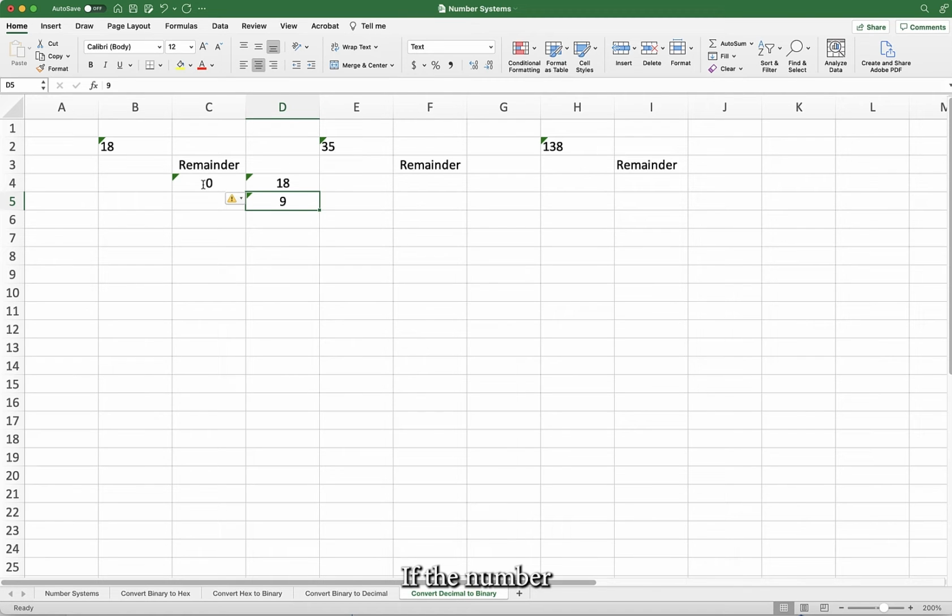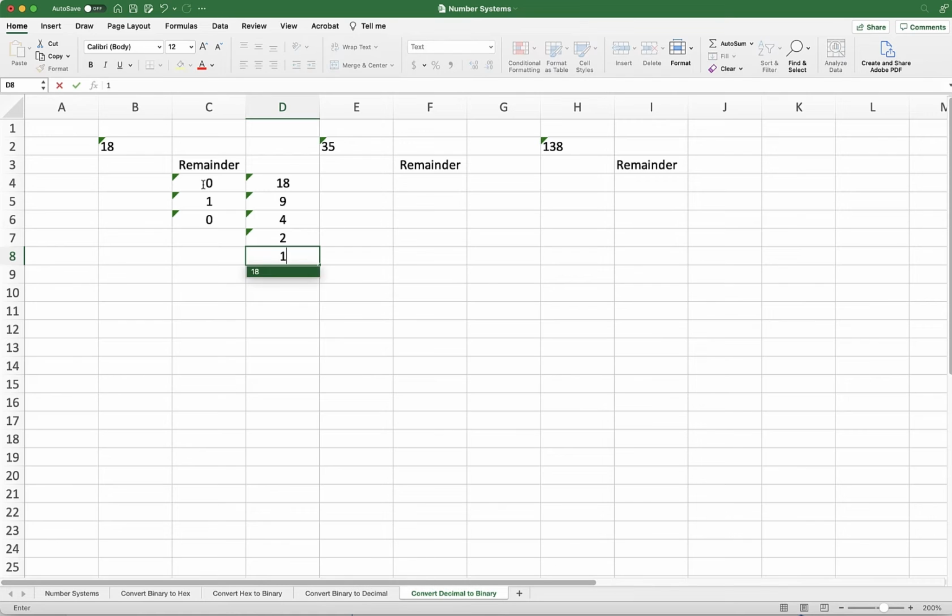If the number that we're currently looking at, which is 9, is not 0, we're going to do the process again. 9 divided by 2 is 4, remainder 1. 4 is not 0, so we're going to do the process again. 4 divided by 2 is 2, remainder 0. 2 is not 0, so we do it again. 2 divided by 2 is 1, remainder 0.